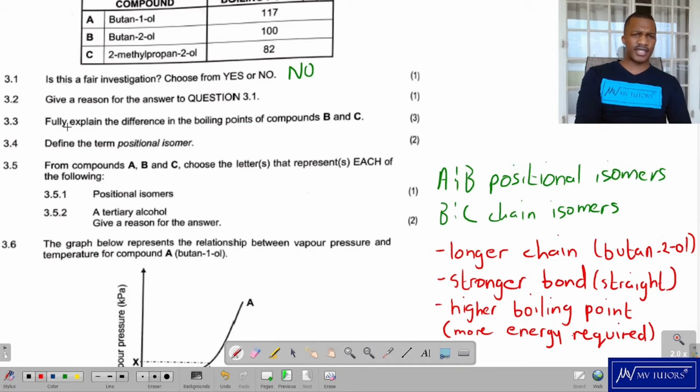All right, then it says define the term positional isomer.